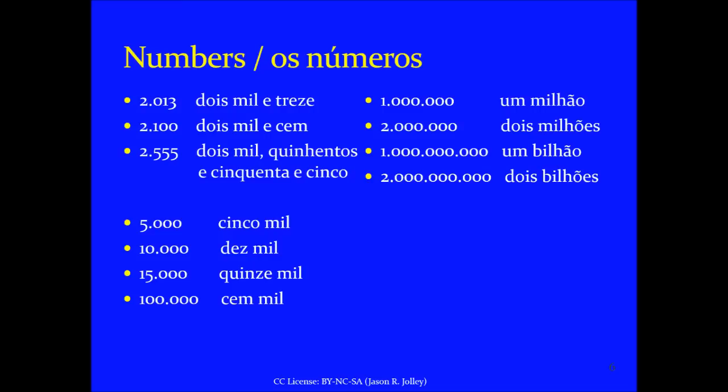I wanted to show you the different plural form of milhão, milhões, 2 milhões, 3 milhões, 25 milhões, for example, 1 billion or 1,000 million, bilhão in Brazilian Portuguese, 2 billion again to show the plural form, 2 bilhões.